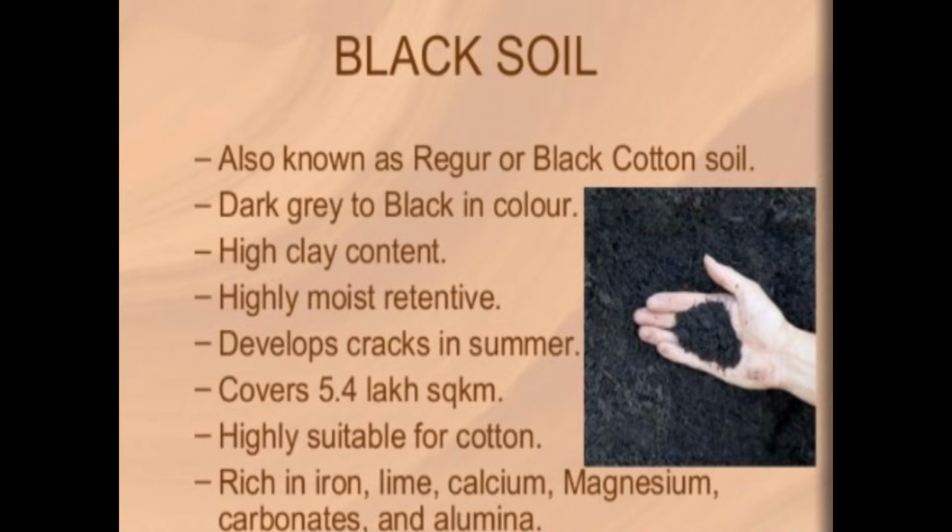It is rich in iron and different elements, and it can be used for the growth of cotton. It covers approximately 5.4 lakh square kilometers. It can retain moisture, and it is clayey in content.